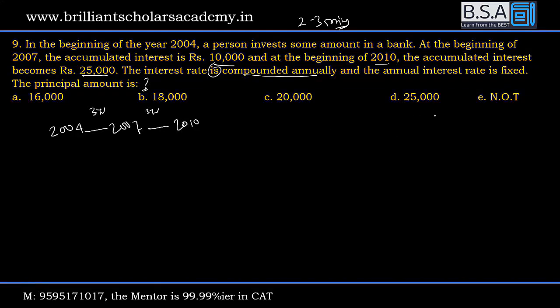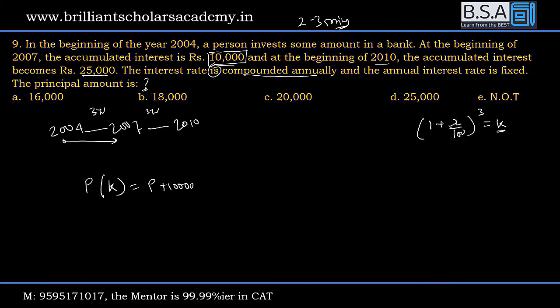So I'm saying (1 plus r upon 100) cube is equal to k. 3 years growth is equal to k. So principal into k, for this duration, has become principal plus 10,000. An interest of 10,000 is generated.